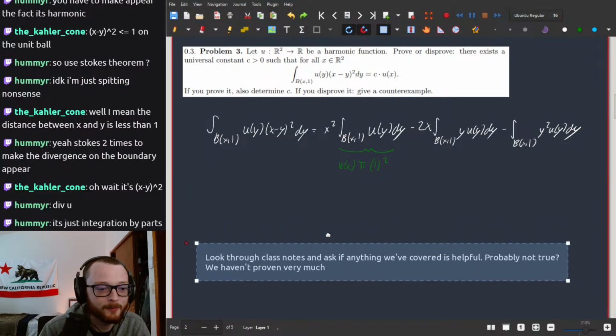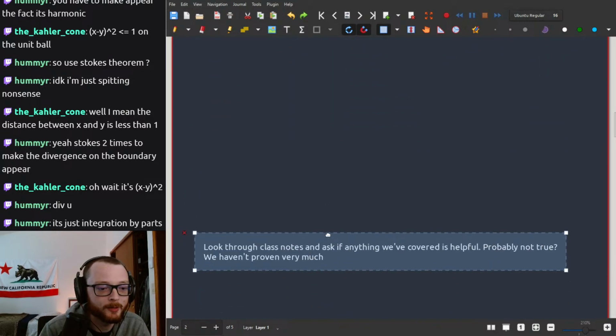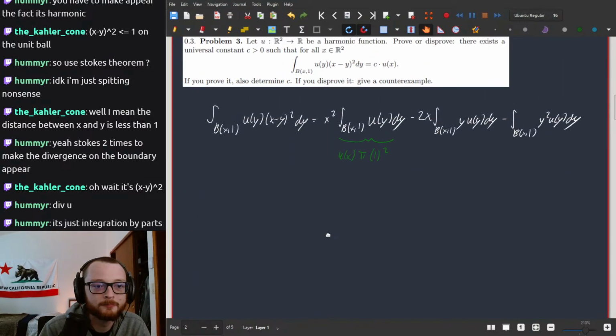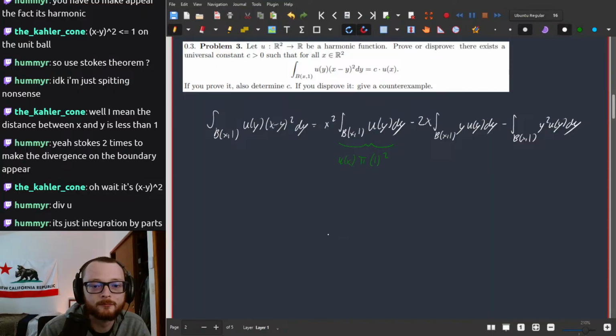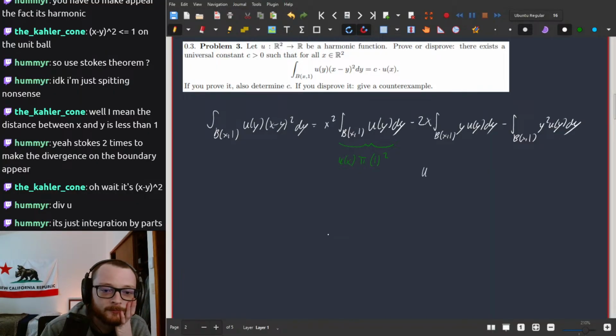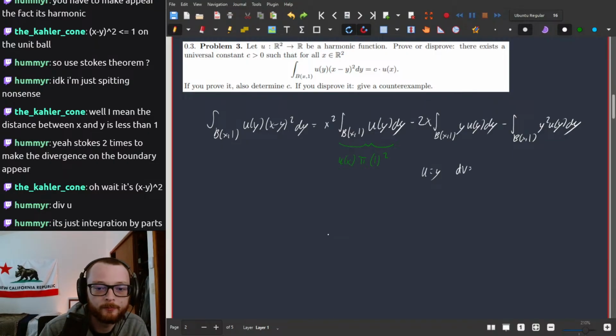I feel like this note that I wrote is useless and I should just delete it. I'm going to put it down here. I'm just going to assume that integration by parts works the exact same way in this context with balls.